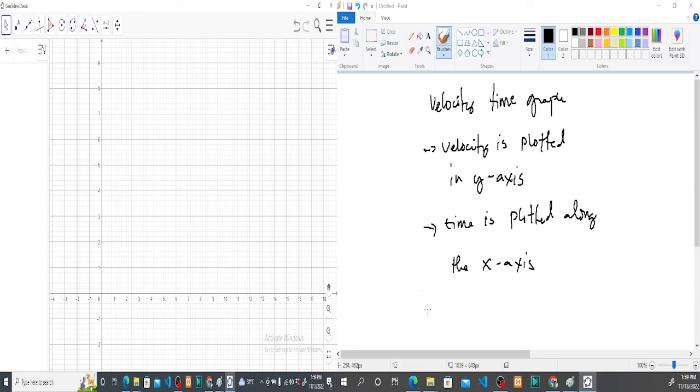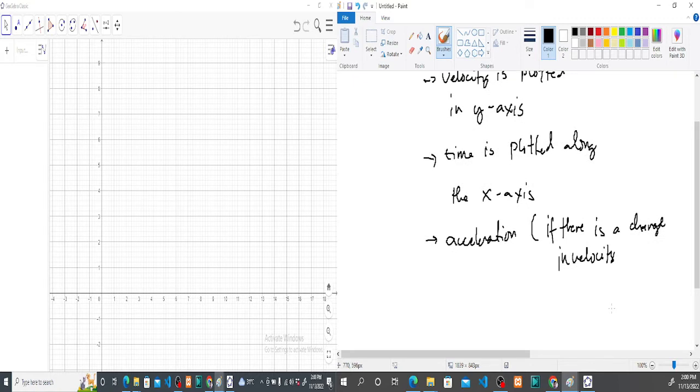Okay, so here, this one gives us the acceleration. All right, because if there is a change in velocity, there is always acceleration. So the thing is, it can be positive or negative.